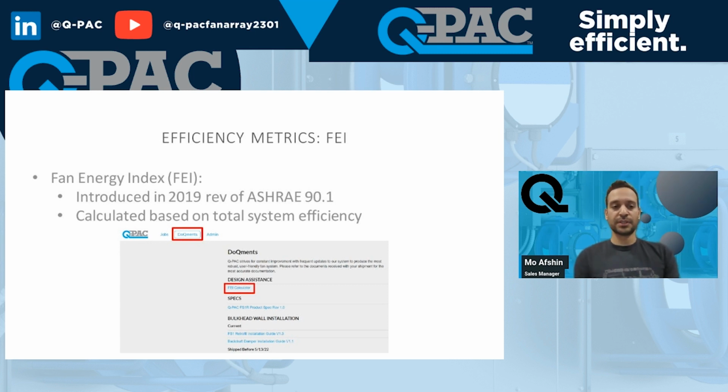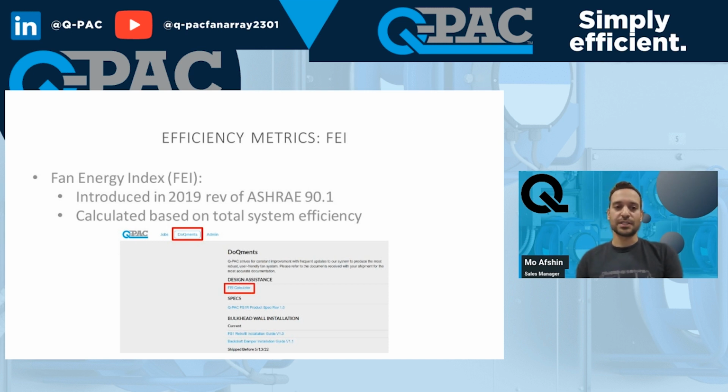Right now, unfortunately, our software doesn't output FEI for every system, but we have a separate calculator that you can use to get the FEI values for our fans. It's basically a very rudimentary spreadsheet, but the good thing about it is that you can use it for other fans as well. I really like FEI because it's an amazing metric to compare fan efficiency.